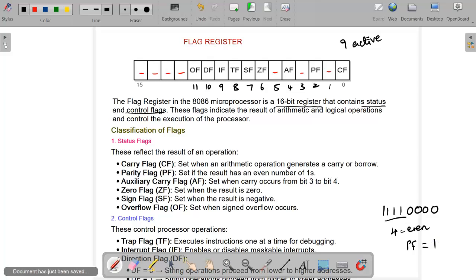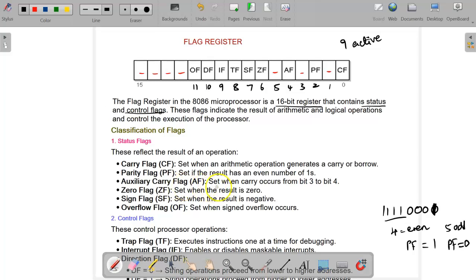Suppose this bit is also 1, then how many ones are there? 5, which is odd, so PF is equal to 0. If the result contains an even number of ones, PF is equal to 1; if it contains an odd number of ones, PF is equal to 0.